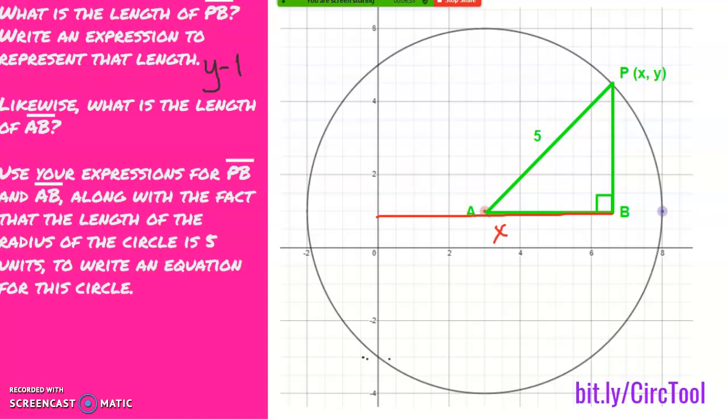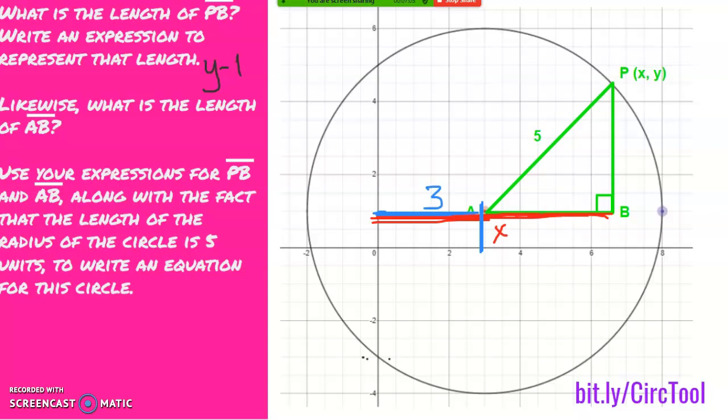Now let's do from here to here. How long is that? Well, we can see how long that is because it ends right here, right? That's 3.